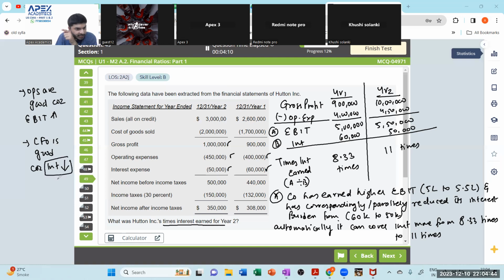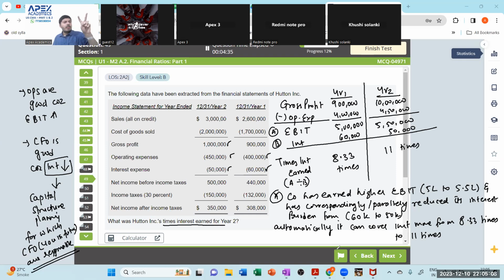Here interest reduction is a part of capital structure planning, for which the CFO, that means you in future, are responsible. So here both the aspects are covered properly.